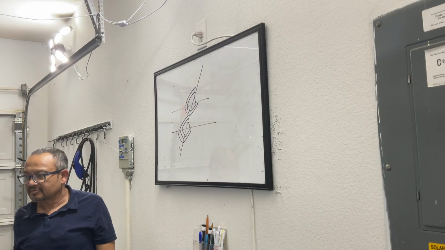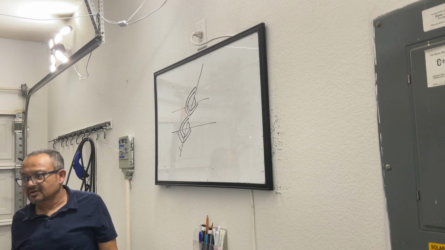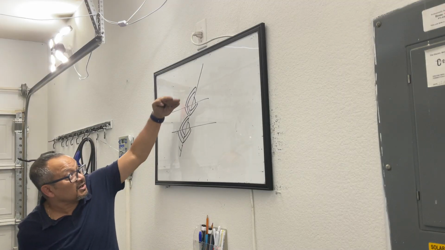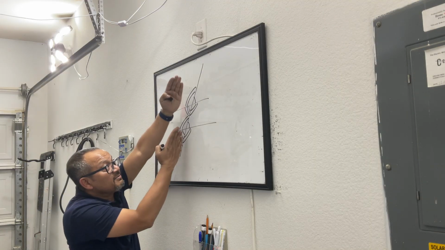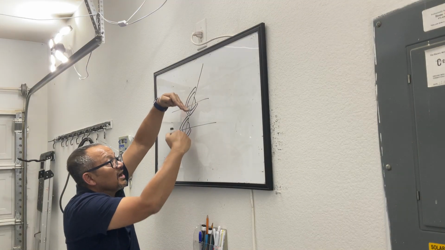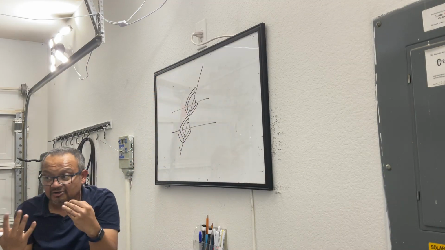Why are they corresponding angles? What makes them corresponding angles? They are on the same side of the intersecting line and they are both above or below. So they have something in common.